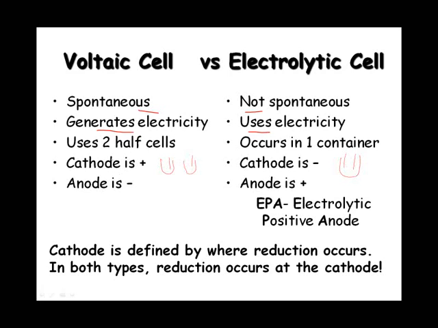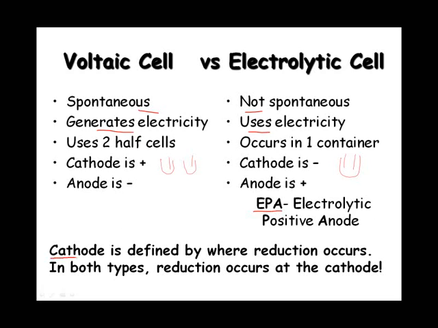The cathode is the positive electrode in a voltaic cell, where the anode is negative. And the big difference that takes a little bit of thinking to remember is that they're opposite in the electrolytic cell. So there's this mnemonic EPA, electrolytic is positive anode. Okay.